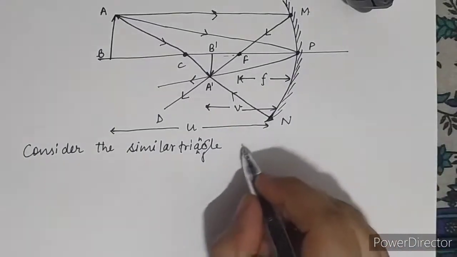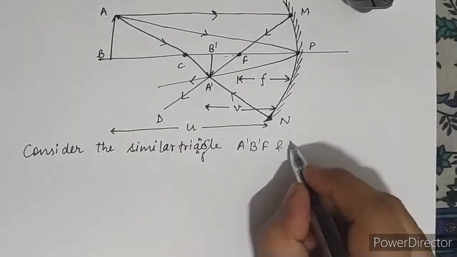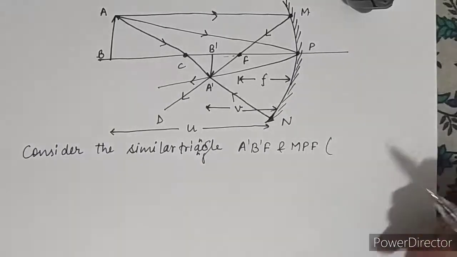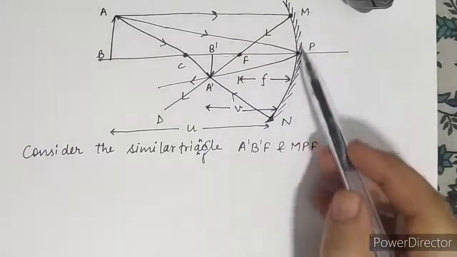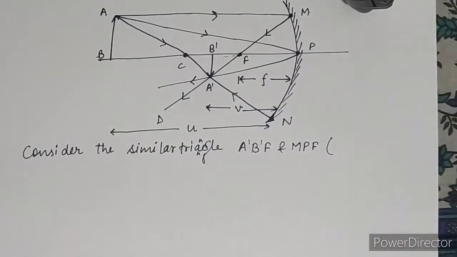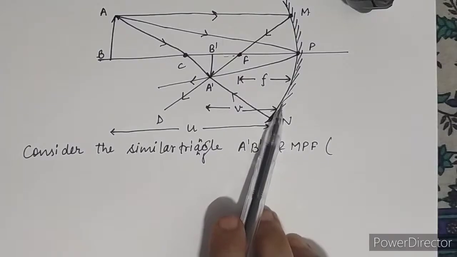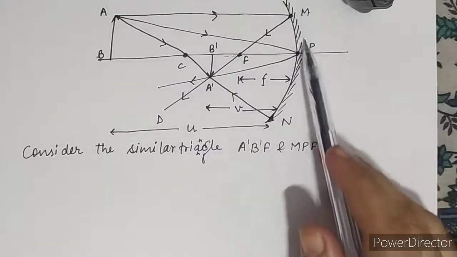So A dash B dash F and MPF are the similar triangles we are assuming. But for this we have to assume that the concave mirror which we have taken to relate U, V and F has a very small aperture. If it is a very small aperture, then MP can be assumed to be a straight line.